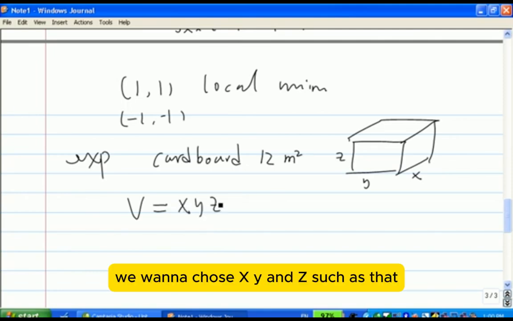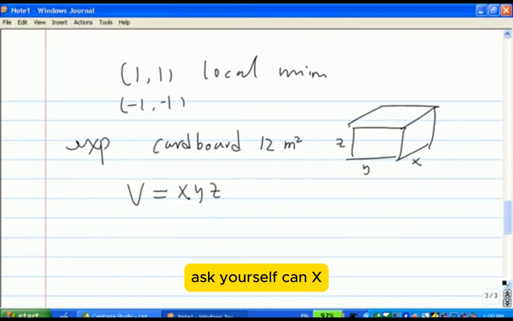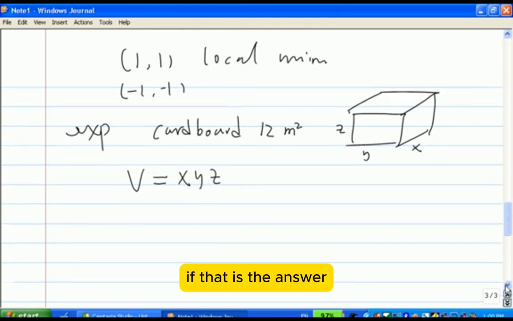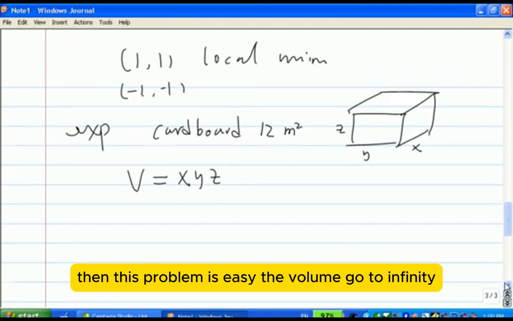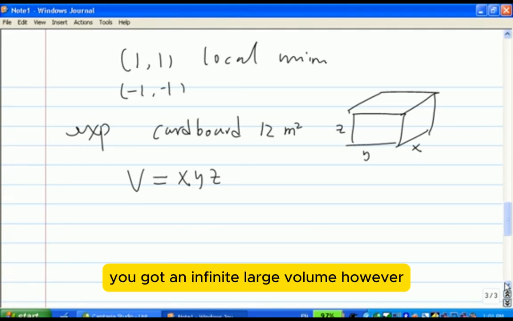We want to choose x, y, and z such that the volume of the box is as large as possible. Ask yourself, can x, y, z be anything? If so, then this problem is easy. The volume goes to infinity. Choose x infinitely large, y and z infinitely large, you got an infinitely large volume.